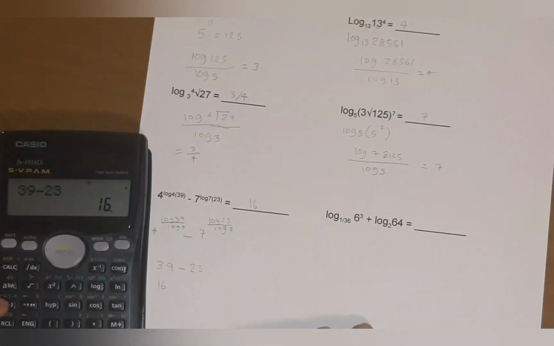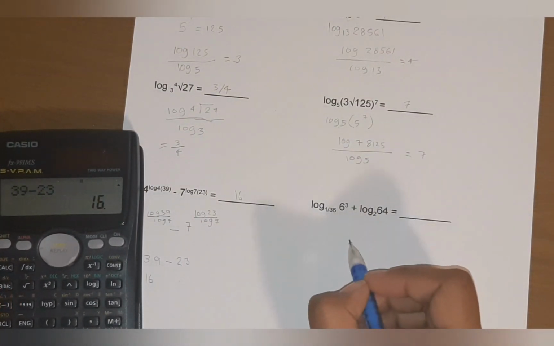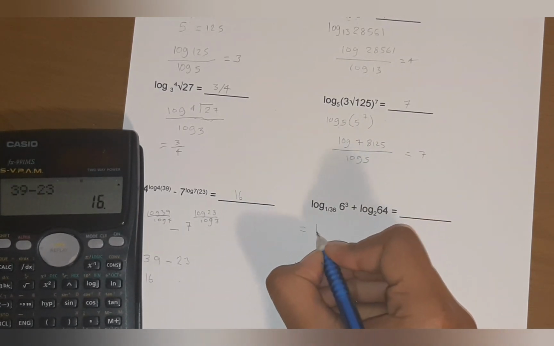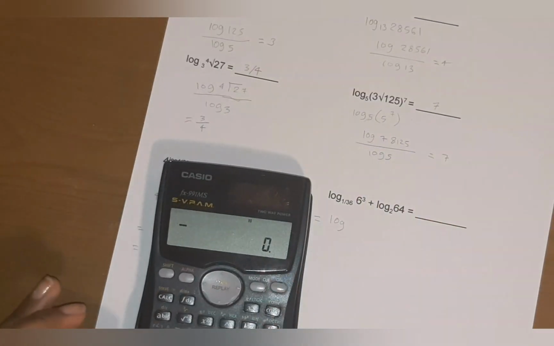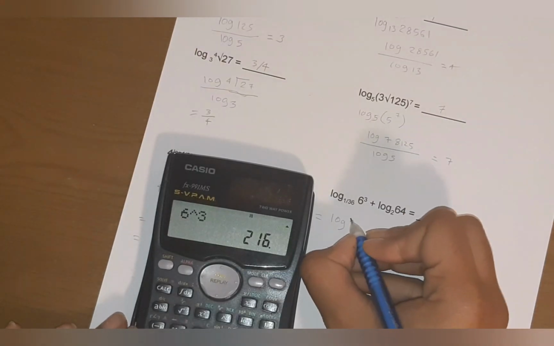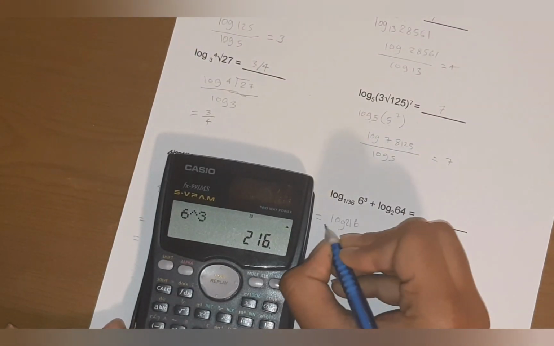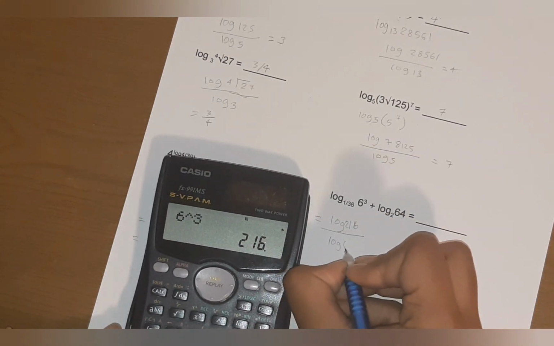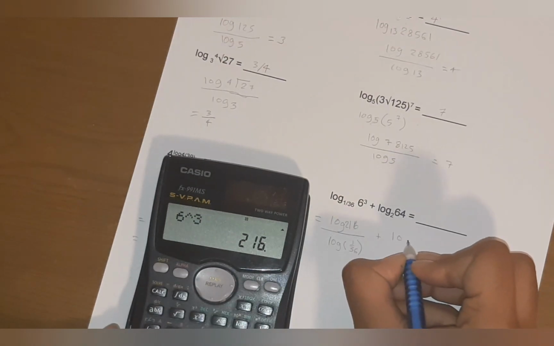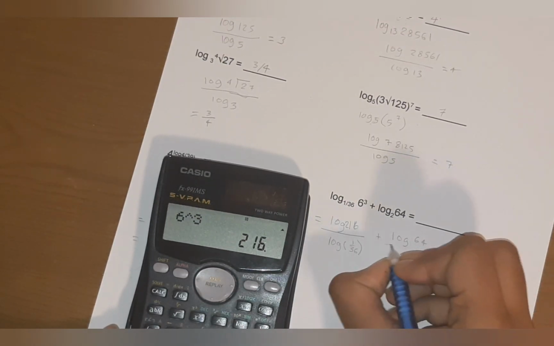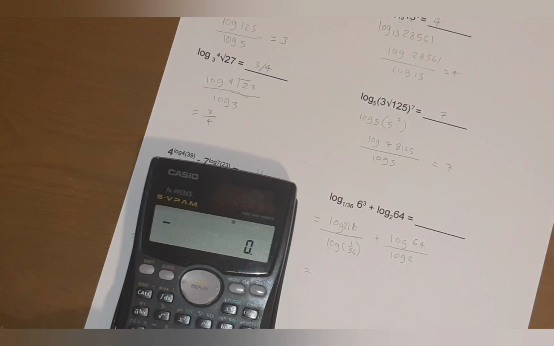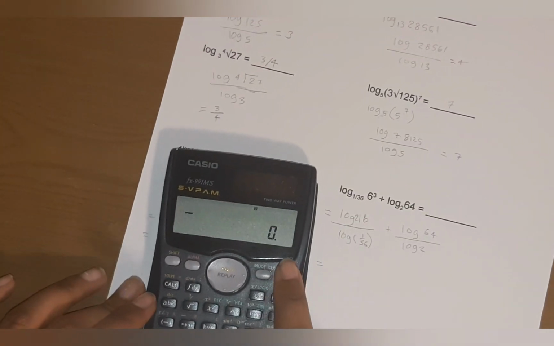Okay, and then finally, our last example. Here, it would be log of 6 to the power of 3, 216, so log 216 divided by log of 1 over 36, plus, this one's going to be simple, log of 64 over log of 2. So make sure to plug it in your calculator properly.